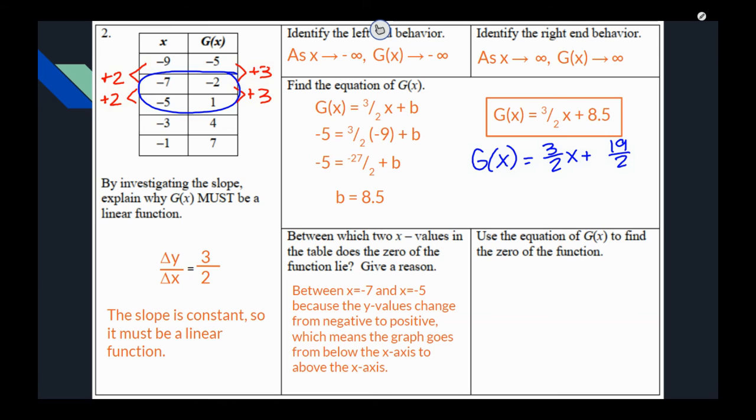And then I'm going to stop for a minute, and if you haven't already, go ahead and find the 0 of the function using your equation, or my equation.